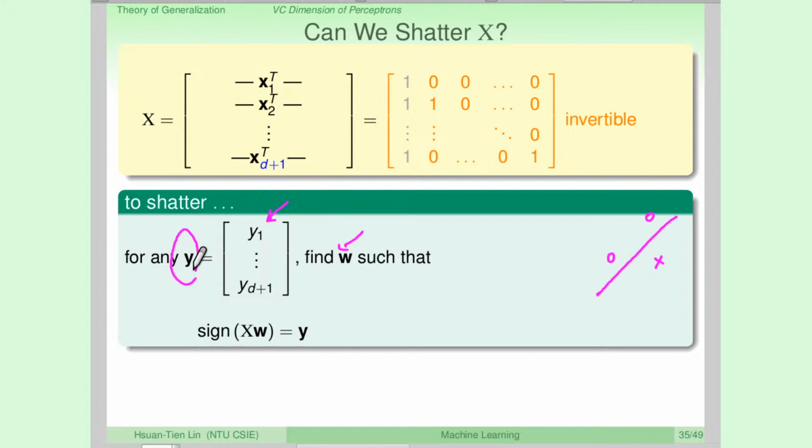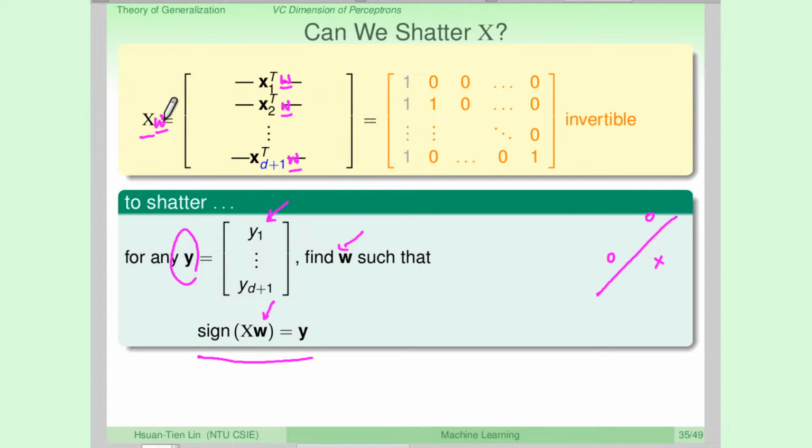So let's see algorithmically how we can possibly do that for this special set of input vectors. What we want is to produce this dichotomy, which can be represented by this condition. If I multiply the weight vector by our input matrix, after the weighting you basically get sign(x1 transpose w), sign(x2 transpose w), up to sign(x_d+1 transpose w).